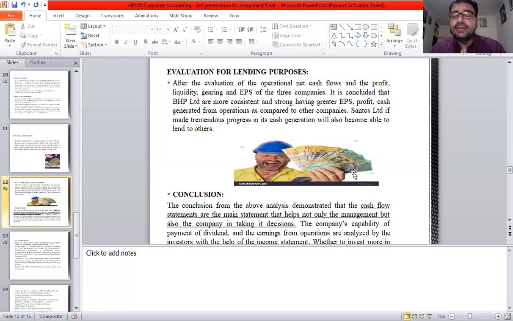However, Santos Limited, if it makes tremendous progress in its cash generation, will also become able to lend to others.